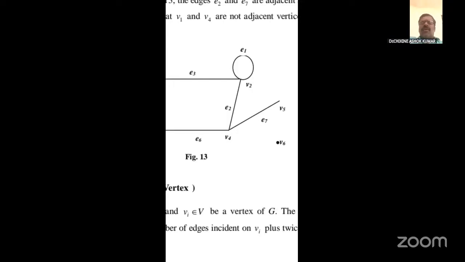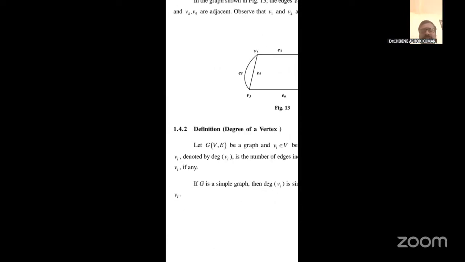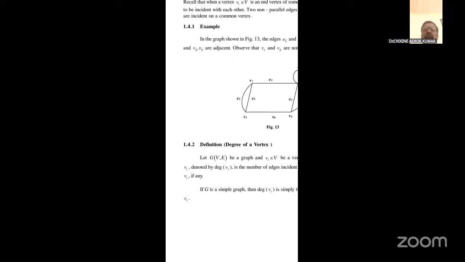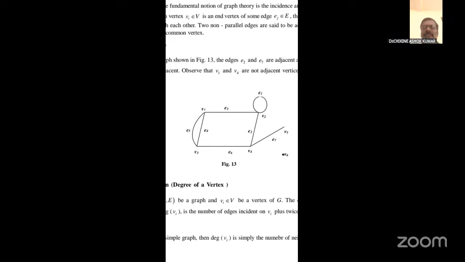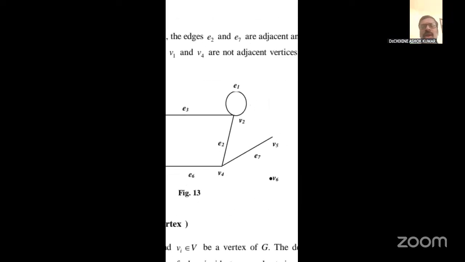So for this one also we have degree 3. The degree of V4 is 3, and they are E2, E6, E7.